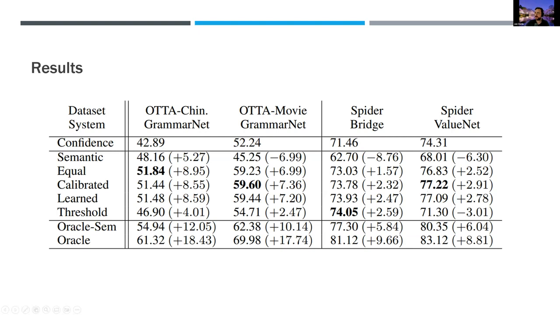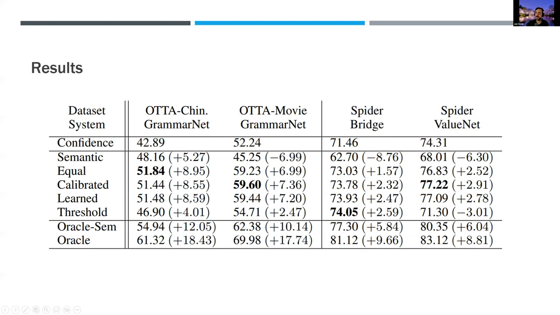However, we see here, for instance, for the Spider with the ValueNet, we get a 3 point improvement. Also here, we get a 2.5 point improvement. And for this data set here, the improvements are a bit bigger, up to 9%, depending on the weighting scheme. And here we compare it to the oracle.